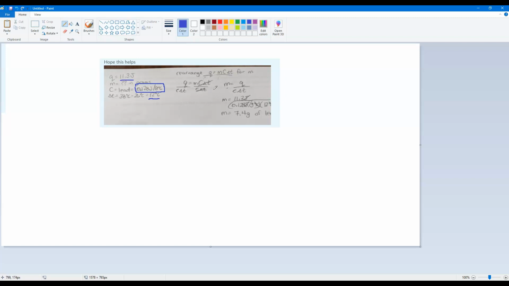In order to get just the mass, you're going to divide both sides by heat capacity times change in T. That cancels out, leaving us with the heat divided by heat capacity times change in temperature, and that's what the mass is equal to. So that's the rearranged formula right here.